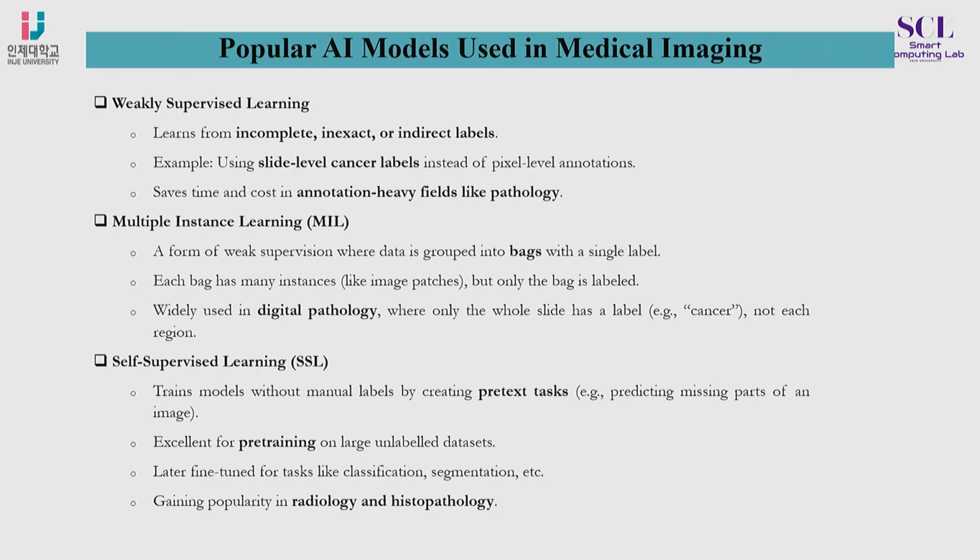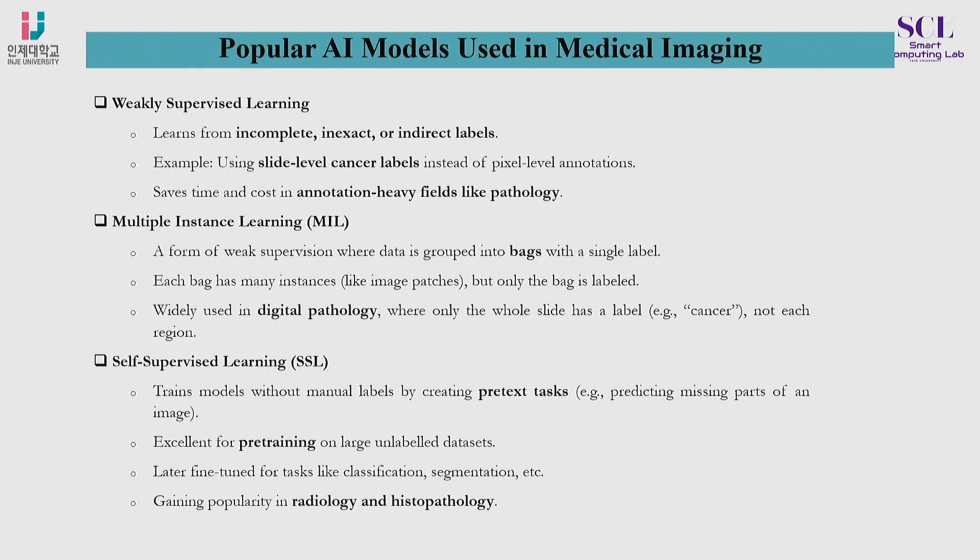And if any bag doesn't contain any kind of, for example, tumor area, then we will say that this is negative bag. So there is a concept of positive and negative bag in multiple instance learning. We apply these kind of techniques to identify the tumor area in the whole slide images.